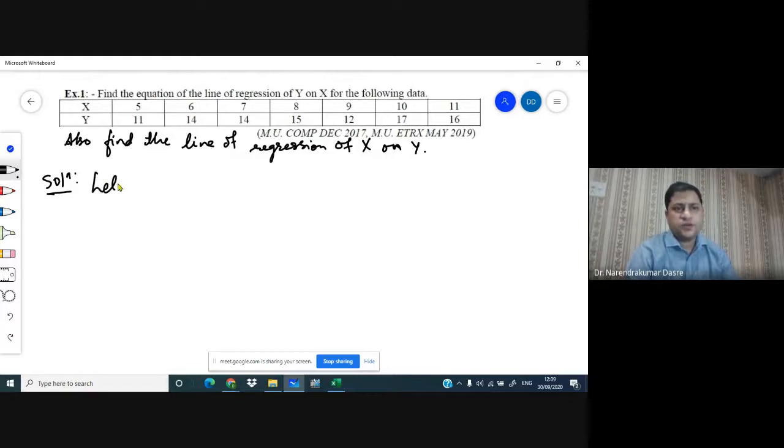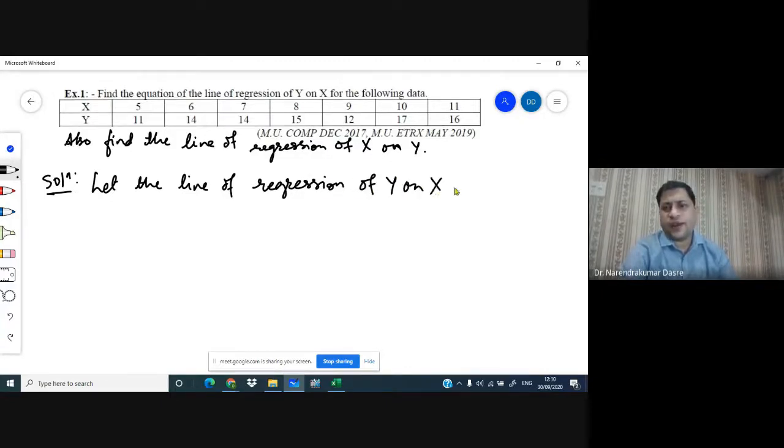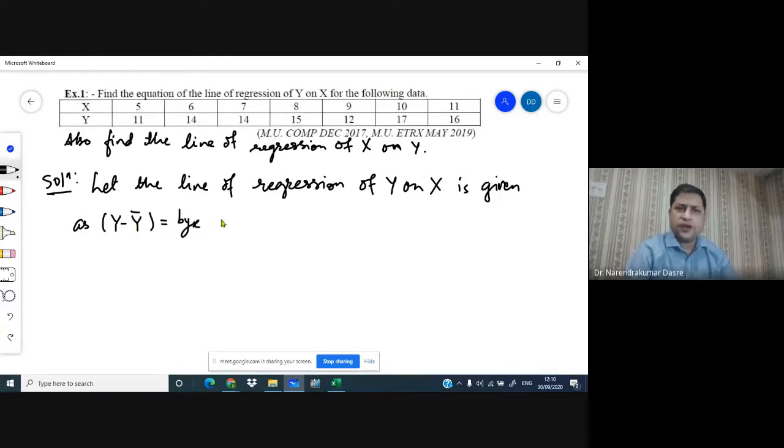Let's see the line of regression of y on x is given as: y minus y bar is equal to Byx times x minus x bar.